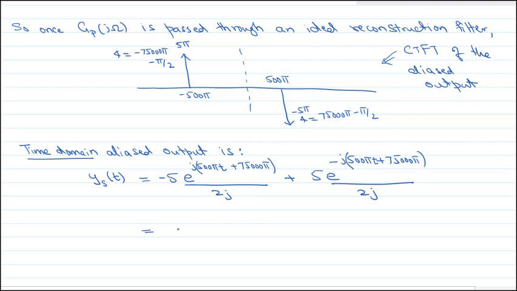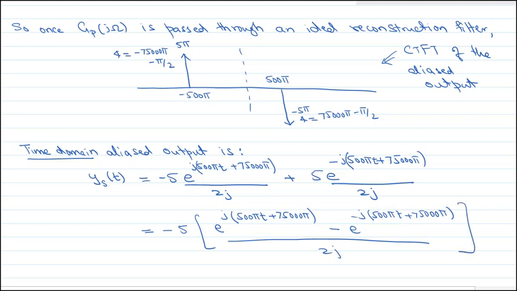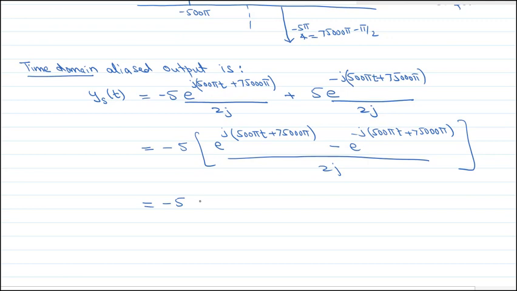So this is equal to, if I take the negative 5 common, e to the j 500 pi t plus 75,000 pi minus e to the minus j 500 pi t plus 75,000 pi over 2j, and that is equal to sine of 500 pi t plus 75,000 pi, which I'm going to simplify further: 500 pi t plus 50.